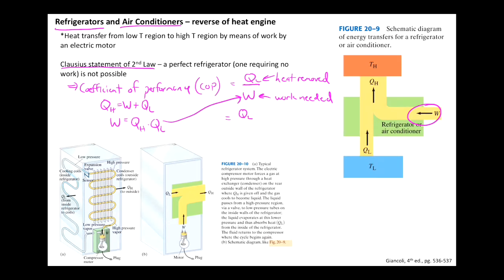Let me put an extra subscript on that. Over QH minus QL. And we have an alternate form of the coefficient of performance. And I think that's about all I want to say about refrigerators and air conditioners. It's just a heat engine in reverse.